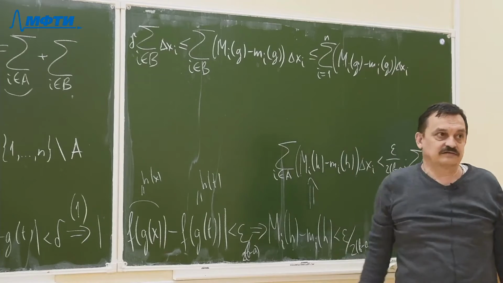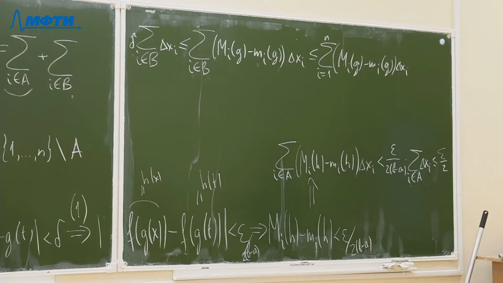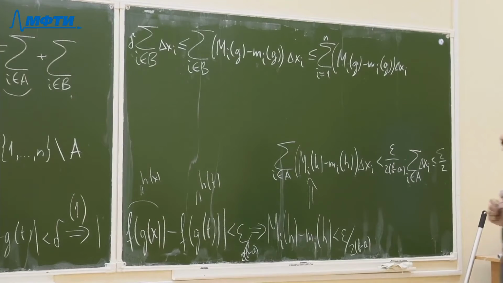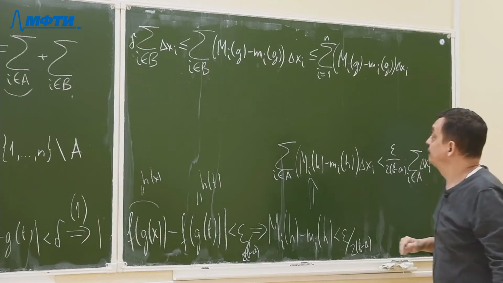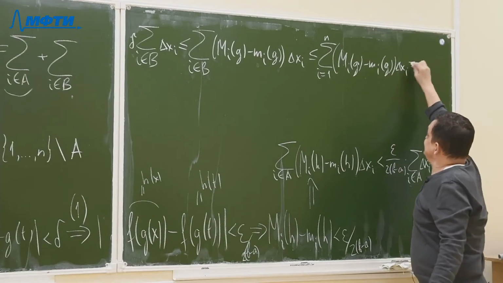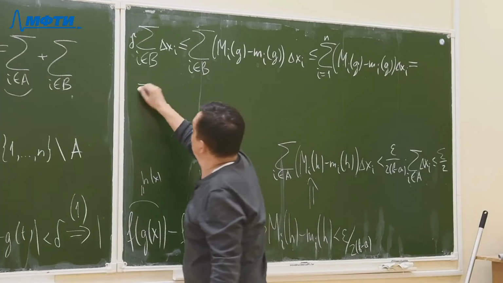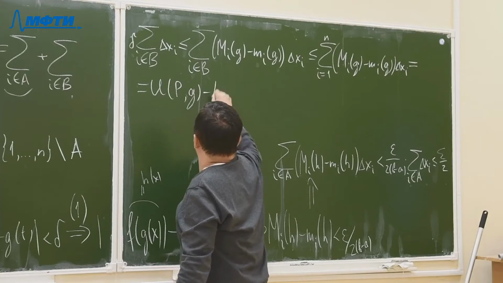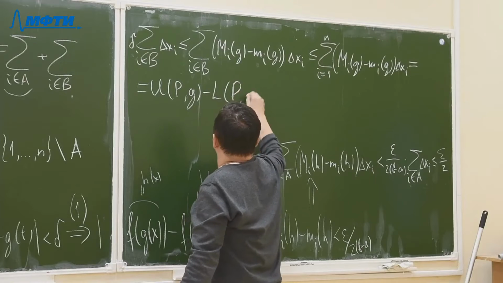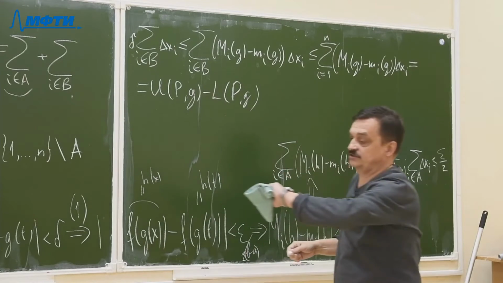I added all those non-negative terms which correspond to indices in capital A. But that is precisely the difference between the upper and lower Darboux sums for the function g.